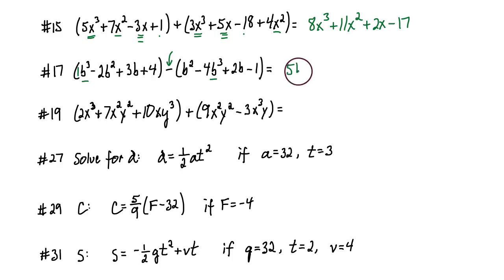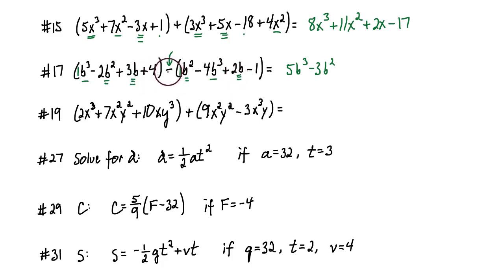That's 5b to the third. Now the b squareds, here and here. Negative 2b squared subtract 1b squared. Negative 2 subtract 1. That's negative 3b squared. Okay, now the b terms, here and here.